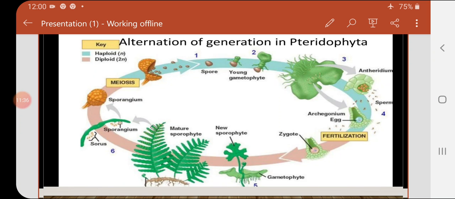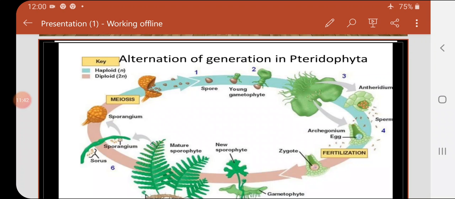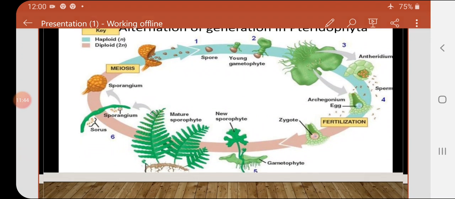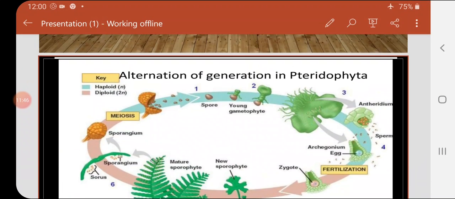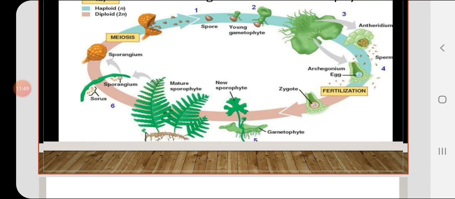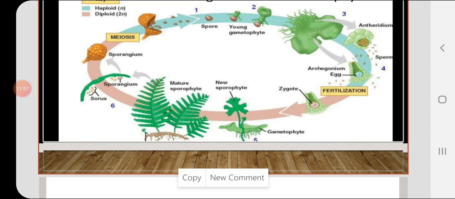The gametophytic generation produces male gametes and female gametes. Then fertilization takes place and a zygote is formed. The zygote gives rise to a new sporophyte.